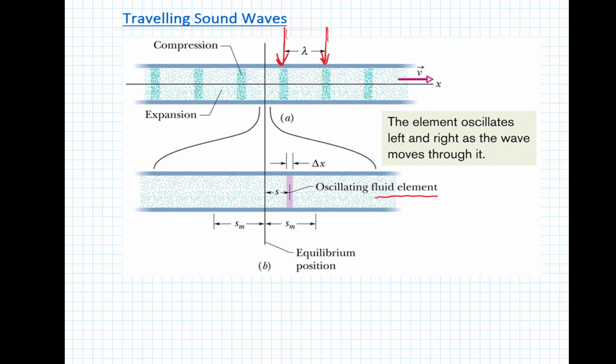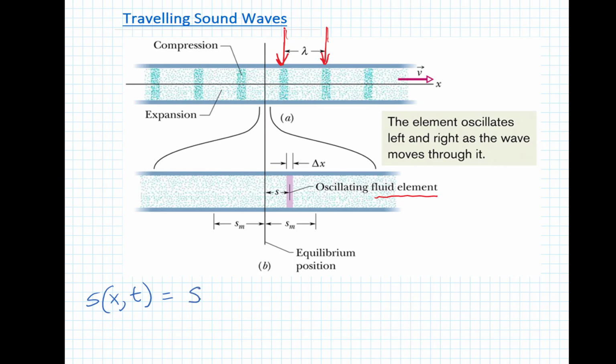And so similar to traveling transverse waves, like waves on a string, here we can describe the position S of the oscillating fluid element as a function of the position x along the medium in which it travels and the time t. And so similar to before, we can consider an amplitude.